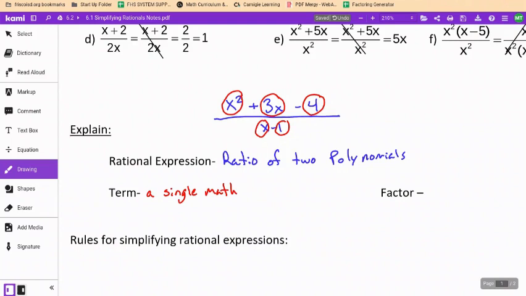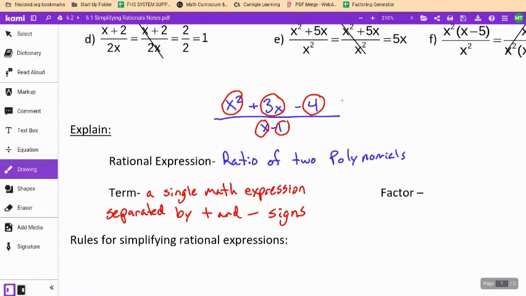So I'll just say a single math expression. And they are separated by the plus and minus signs. Okay, so those are terms. We cannot simplify terms. The most confusing part about this is being able to identify a term versus what a factor is.